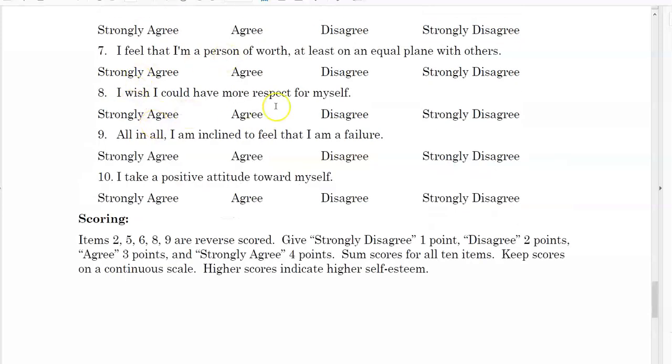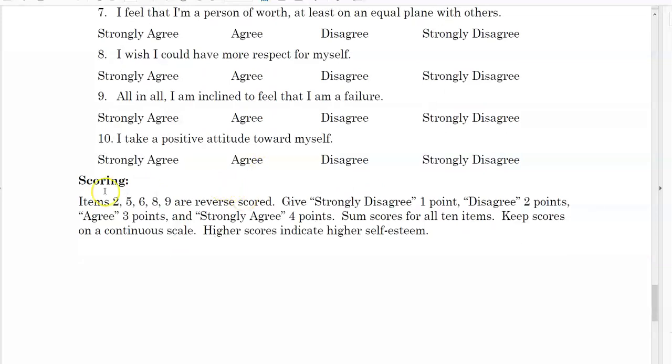Okay, so we have the 10 items as well as the Likert scale that you will use. In this case, strongly agree, agree, disagree, strongly disagree. Now this is the scoring formula, which is quite important to know. It says here that items 2, 5, 6, 8, and 9 have to be reverse scored.